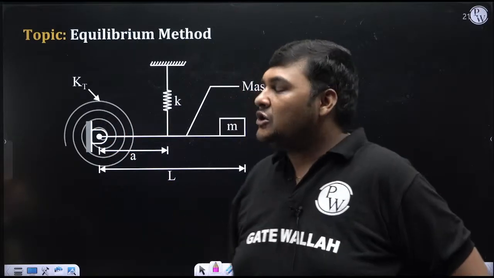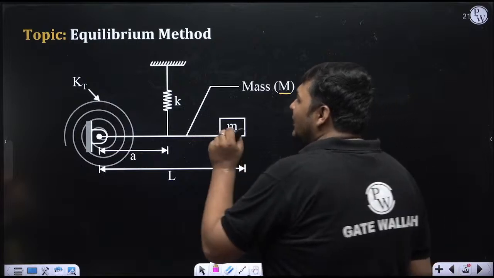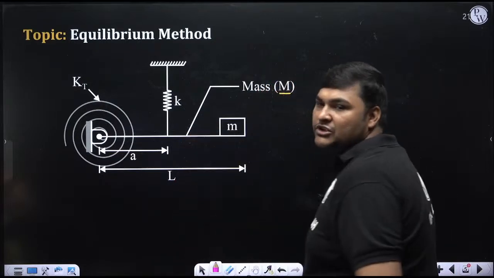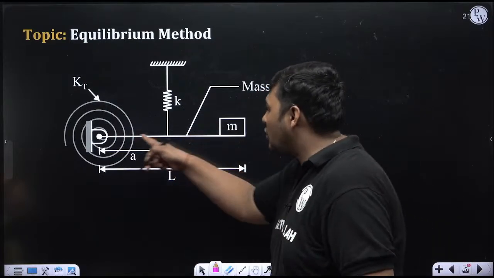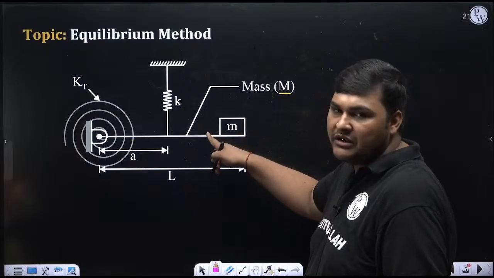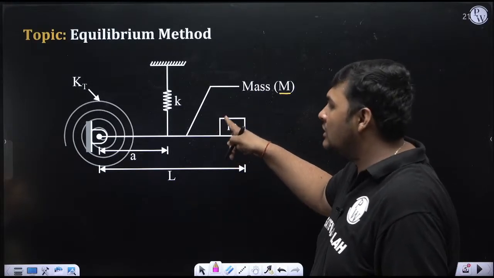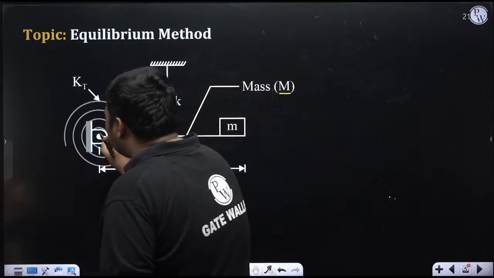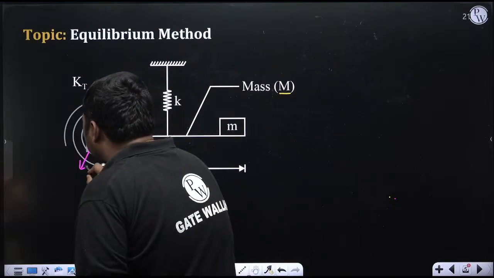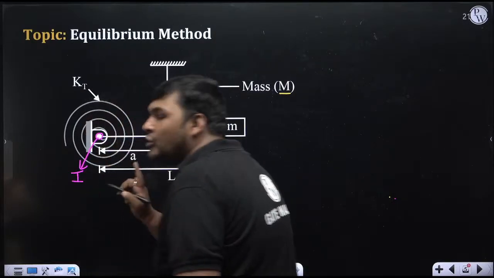In that case, what will we do? First, we'll locate the I center of this rod. If I am drawing the FBD of this rod, the point mass is also attached to the rod, so I am drawing the FBD of the point mass also. Since this rod is hinged at this location, this is the point about which the rod is rotating.